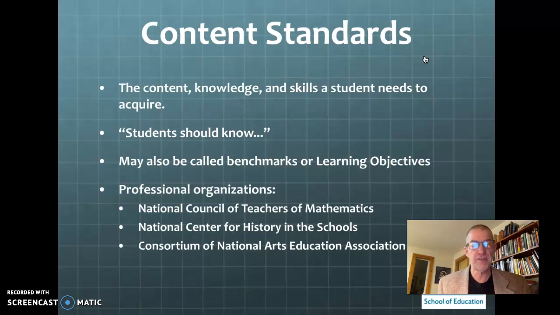These professional organizations, made up of professors of education and teachers of the particular content all across the country, come together to write these. We have these professional organizations in just about every subject you could think of, in addition to math: science, history, English, arts, all of that. Okay? So those are the content standards.